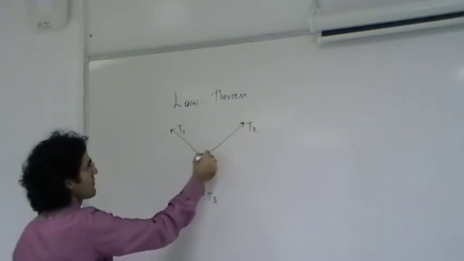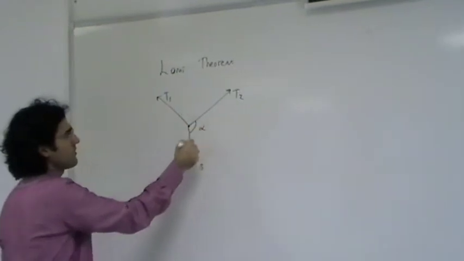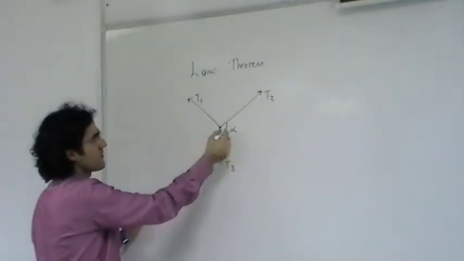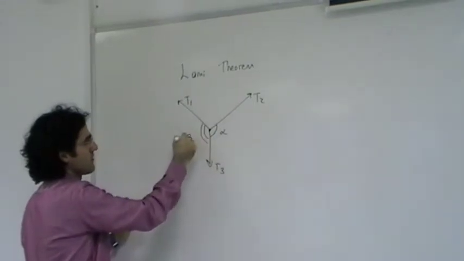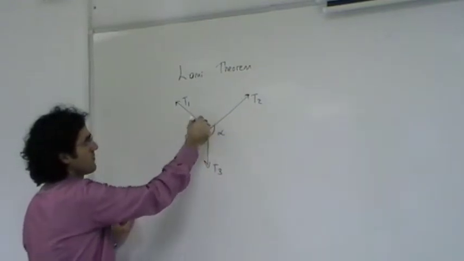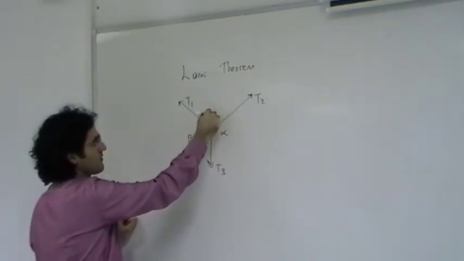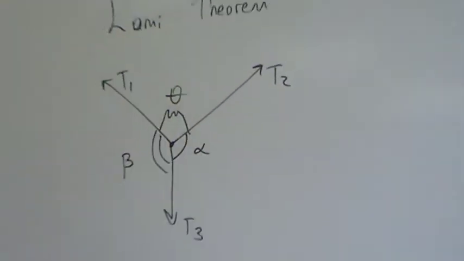Let's say the angle in front of T1 is equal to alpha. The angle right opposite to T2, let's say, is beta, and the angle right opposite to T3 is equal to theta.